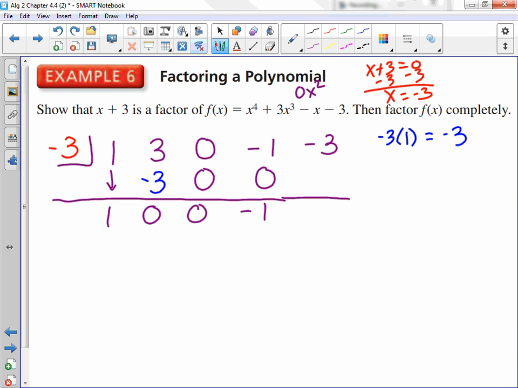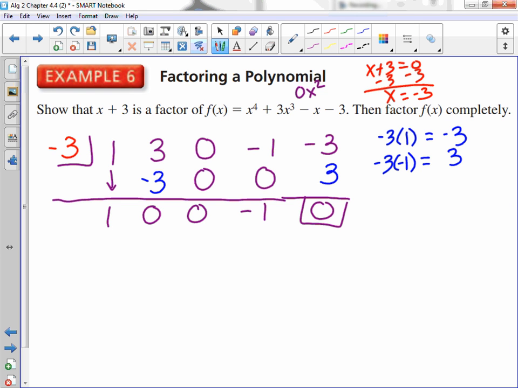I feel like we can do multiplications of 0, yes? Okay. Now we're going to do negative 3 times negative 1, which is 3. And 3 plus negative 3 gives me 0, so it is a factor. We knew that from the get-go. We knew that this should be a factor.